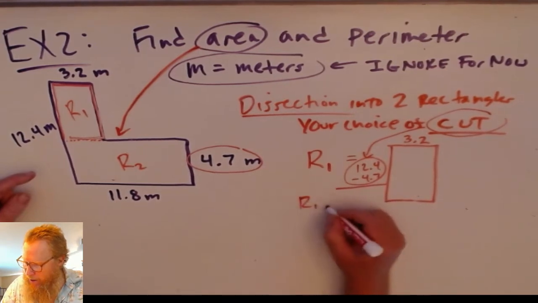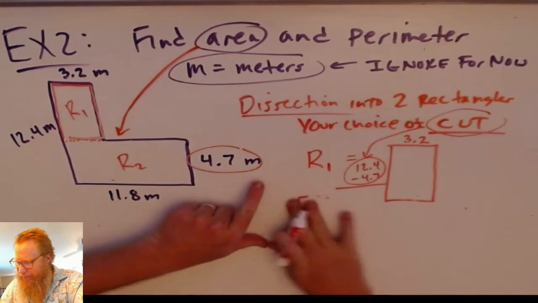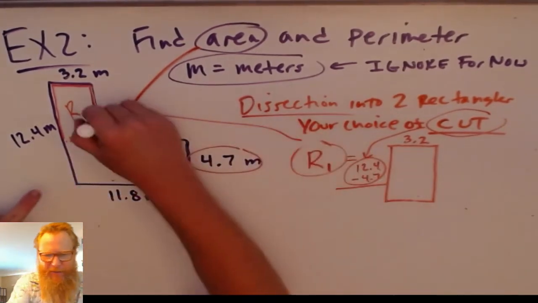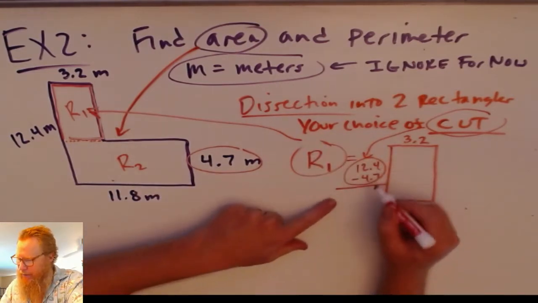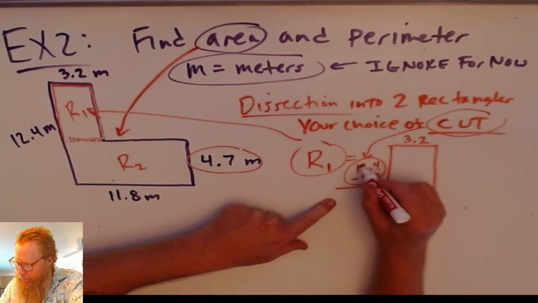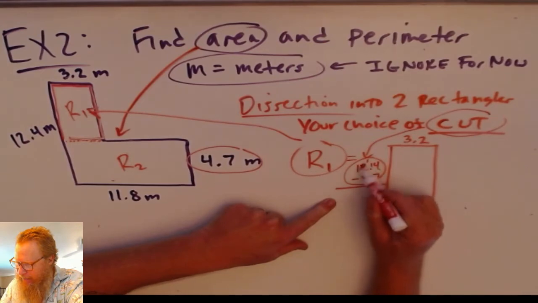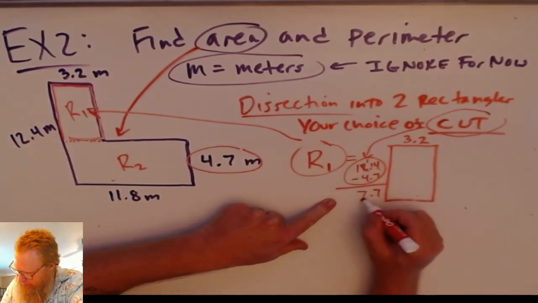I don't even need to write R1 anymore. That's just so that you know that I'm talking about this piece here. You're not actually going to use that in the formula. So let's go ahead and subtract that. We'll borrow from the 12. 14 minus 7 is 7. And then 11 minus 4 is also 7.